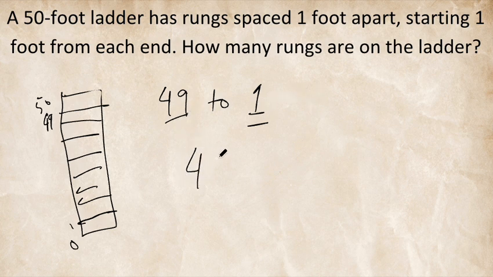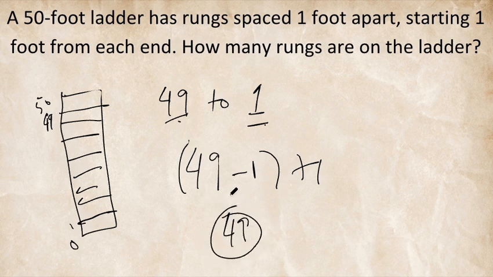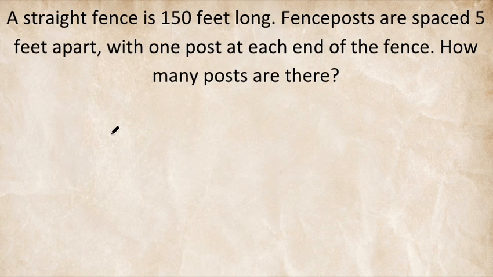So it's going to be 49, which is the first on the top, minus 1, the last at the bottom, and plus 1 because both of them are included, similar to the jersey example we had earlier. So this one is simply 49. That's the answer.